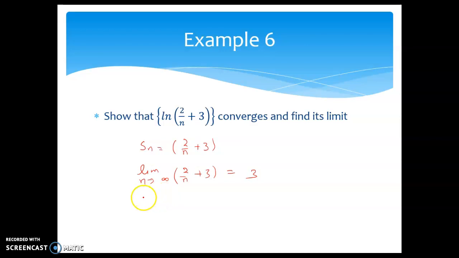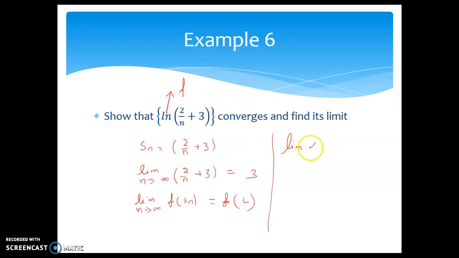Okay, now let's do what the theorem says. So now let's find the limit of f of S of n according to the theorem. This should be equal to f of capital L. So that means the limit of, so here this is considered to be your f.